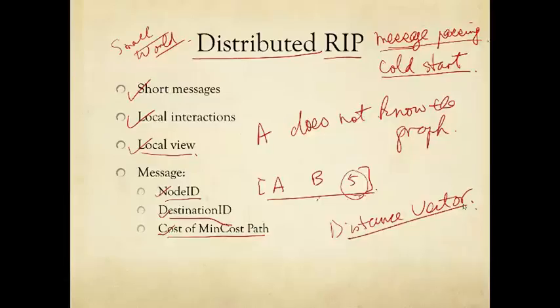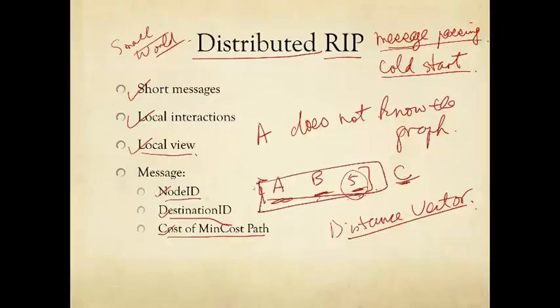Now, in the actual routing table that forwarding will be using, you of course have your ID, the destination, and the corresponding min cost path cost. You also need another piece of information, which is the next hop. Let's say node C, one of your neighbors. You're going to have 4 fields in each row of the routing table.